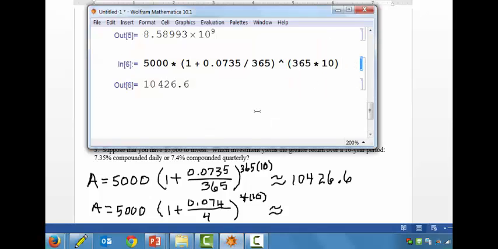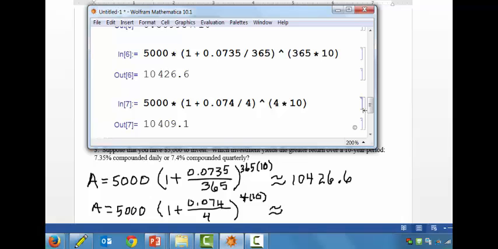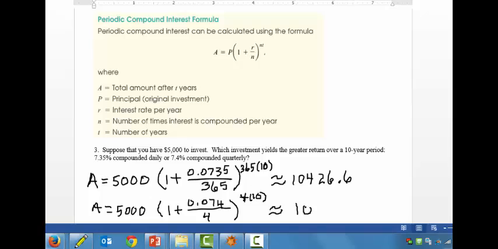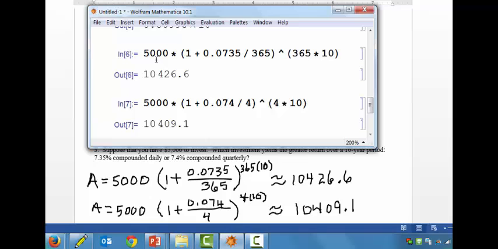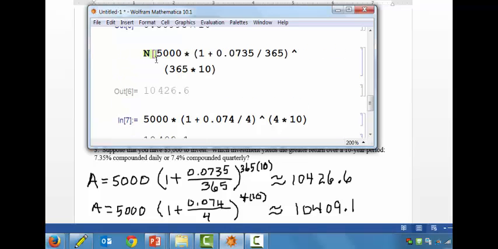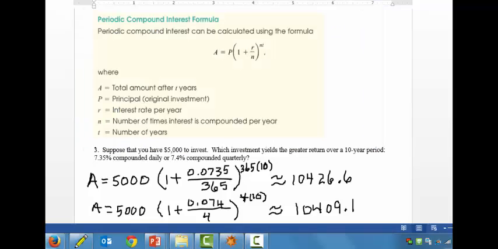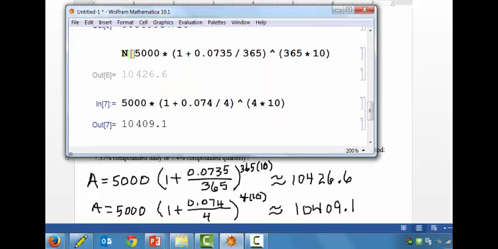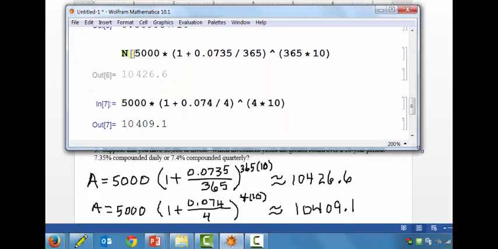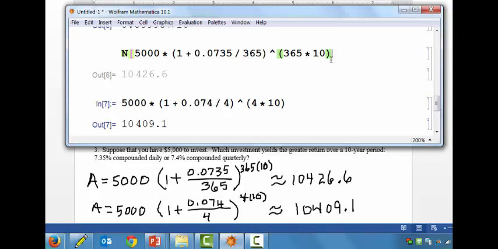All right, so Mathematica gives me this to the nearest tenth, not to the nearest hundredth. Whenever you're dealing with money, you want to round to the nearest hundredth if you don't have whole dollars. So for the 7.35% compounded daily, using Mathematica, I get $10,426.60. For 7.4% compounded quarterly, the Mathematica calculation is $10,409.10.